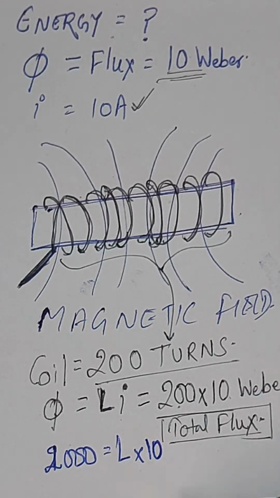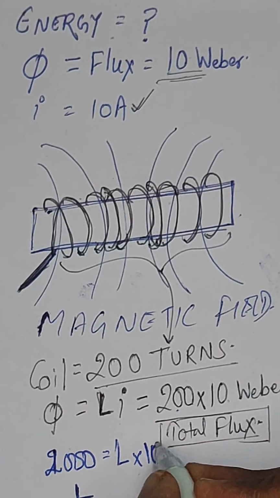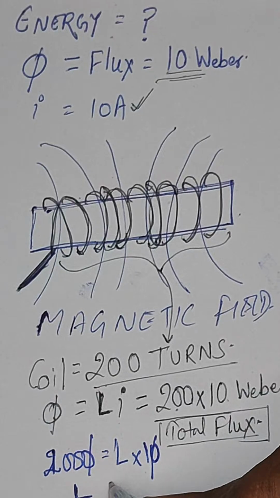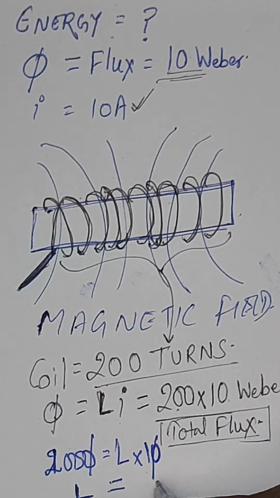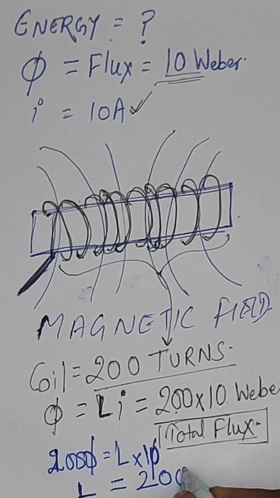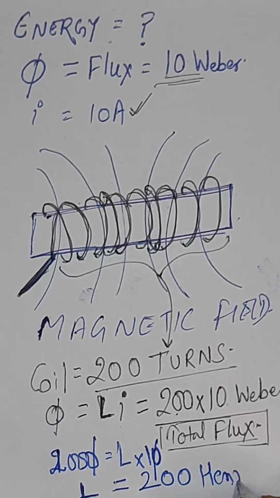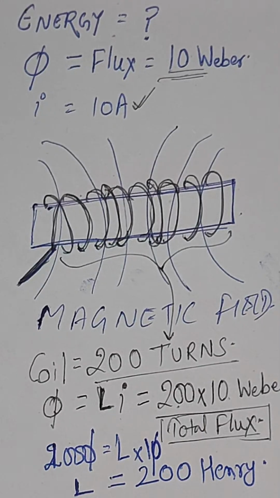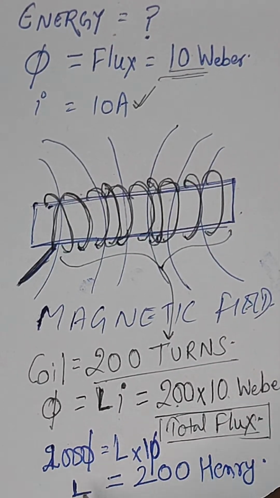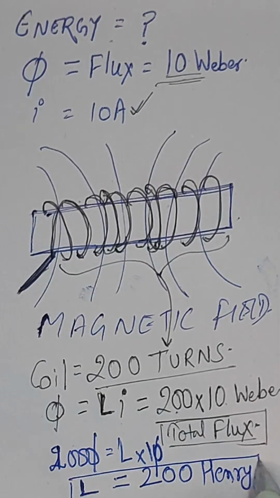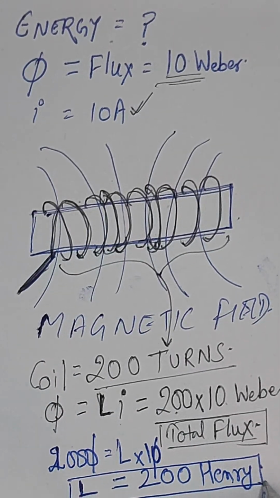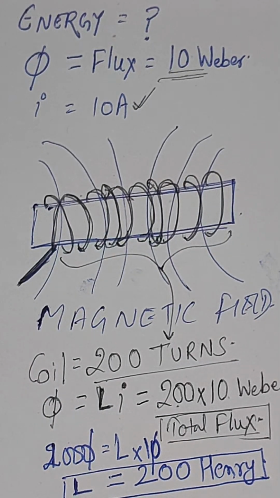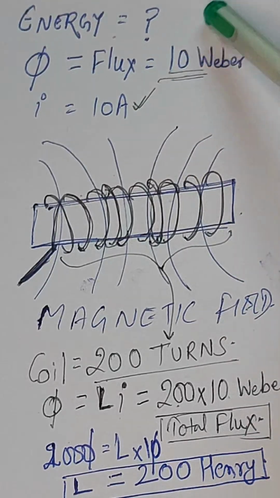This will give you the value of L. 100 will be cancelled, so you will get L equal to 200 Henry. This is your inductance. Now L equals 200 Henry, the value you have derived. So from here, what is the value of energy? This is the question to us.